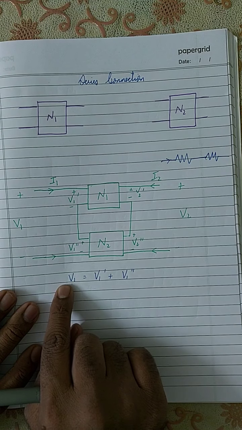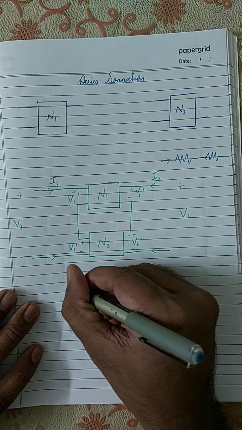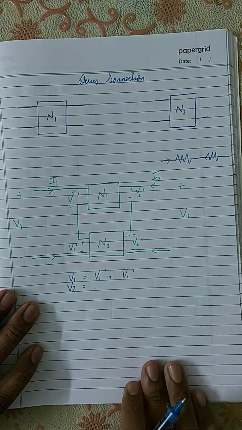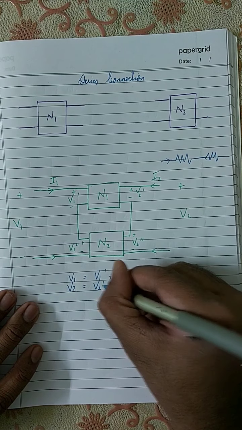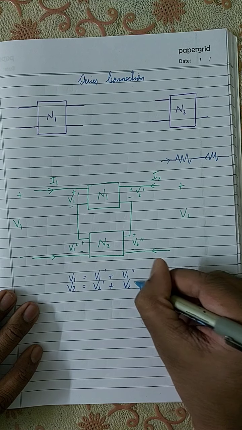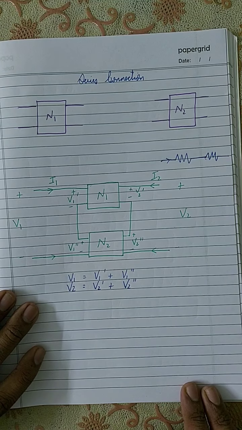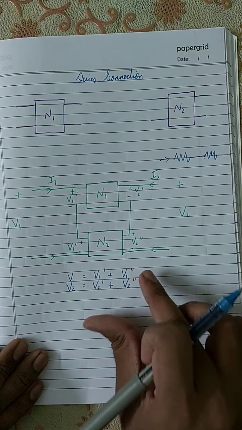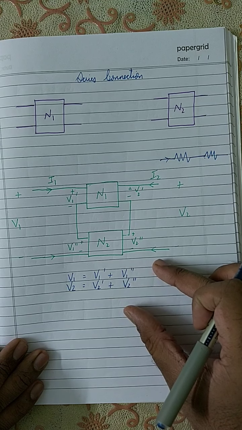So the overall input voltage is equal to the sum of the individual input voltages. In the same way, V2, the output voltage of the overall network, is equal to the output voltage of network N1 plus the output voltage of network N2. That is, V2 is equal to V2 dash plus V2 double dash. So for a series connection, it is the voltages that are being affected.